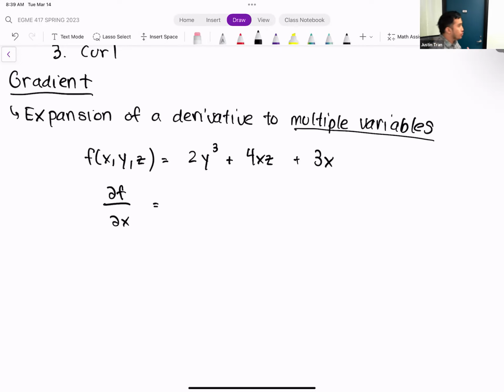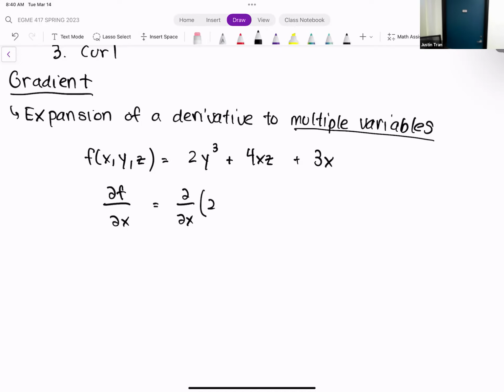When you take the partial derivative of a function, you take the derivative with respect to that variable. In this example, we're taking the derivative with respect to x, and we're treating all other variables as constants. Let me do this slowly so you can see it: partial x, and I'm going to do it for each individual term. Remember, the derivative is a linear operator, and so we can break apart whenever you have a plus or minus sign into separate terms.